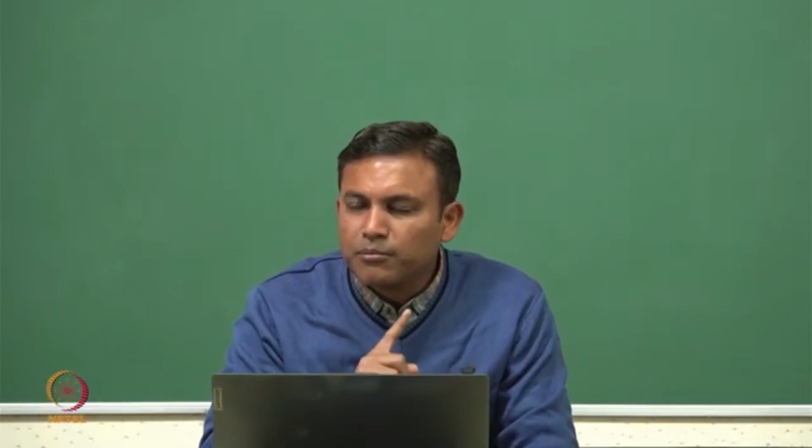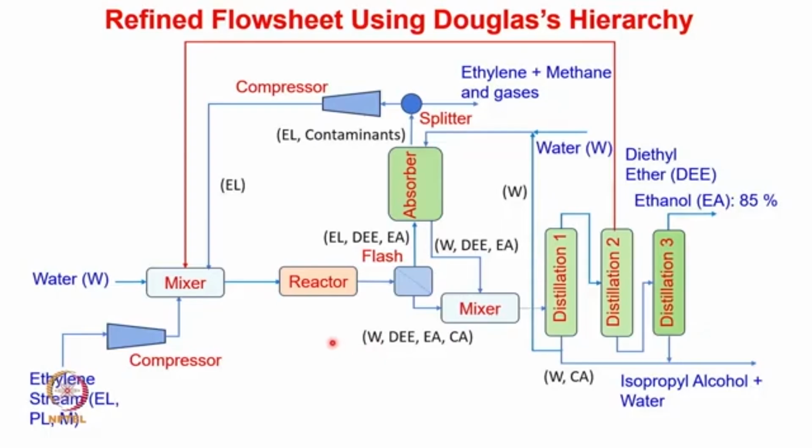So remember that the previous figure which I have shown with respect to case study 1, we did not have this recycling of the diethyl ether. You can see that we have now recycled the diethyl ether back to the mixture, where the water and the compressed ethylene, propylene and methane feed is mixed, and this mixed feed is then charged to the reactor. Again you can see that in the reactor, ethylene, diethyl ether and ethyl alcohol will be separated in the flash unit, and in this case, in addition to ethylene, we will be having propylene and methane.